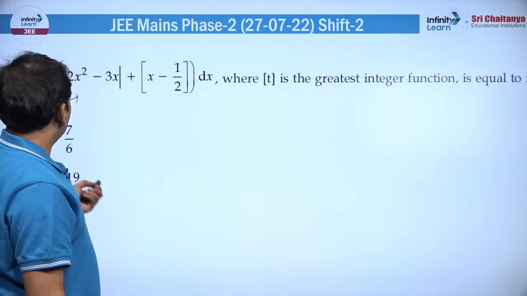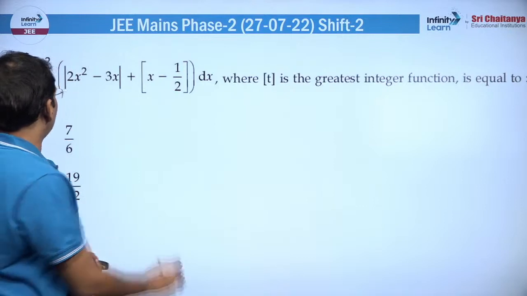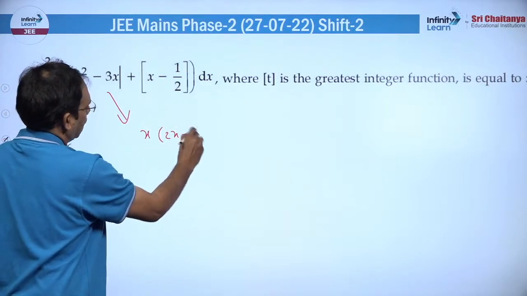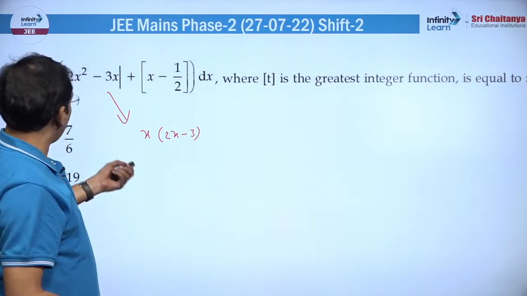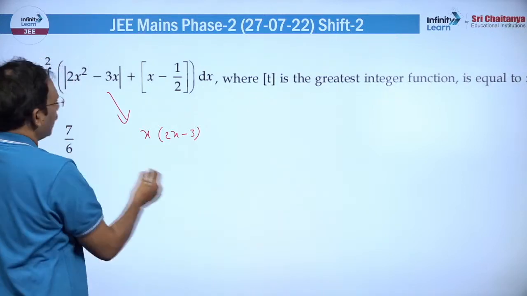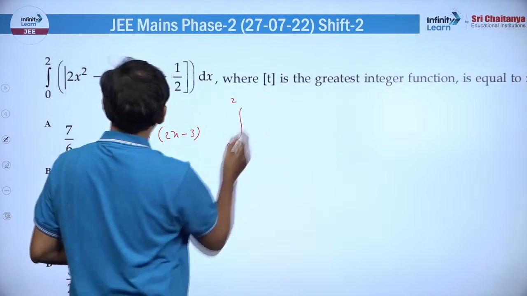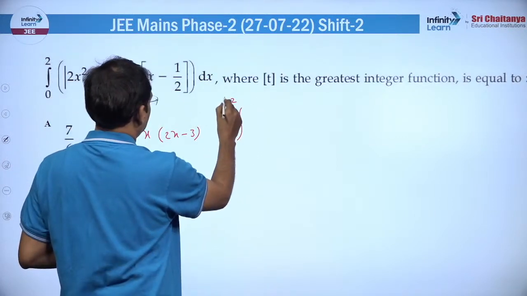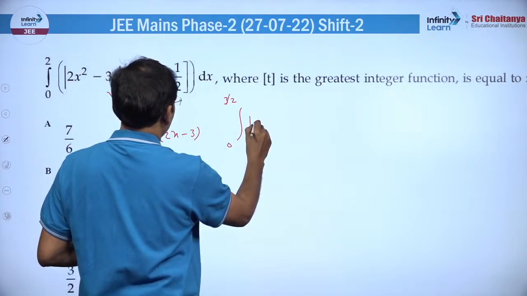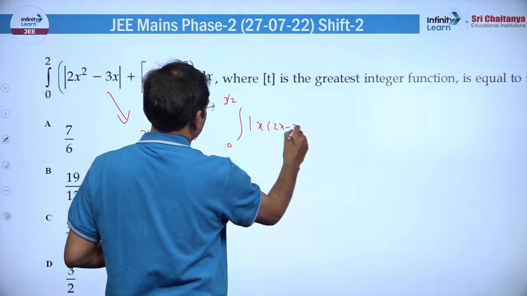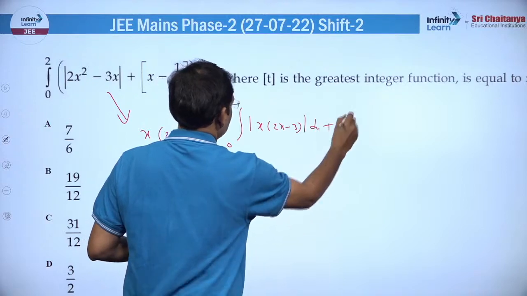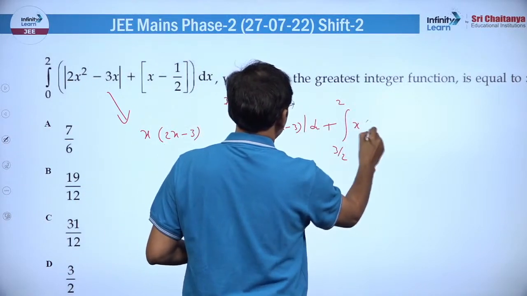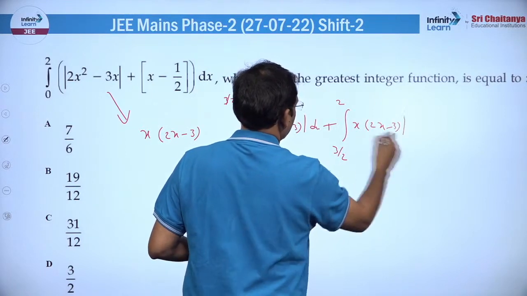Next, you see, modulus of 2x square minus 3x means you can write x into 2x minus 3, which becomes 0 at 0 and 3 by 2. So first the integral 0 to 2, you can split like 0 to 3 by 2 modulus of x into 2x minus 3 dx plus integral 3 by 2 to 2 of the modulus of x into 2x minus 3 dx.